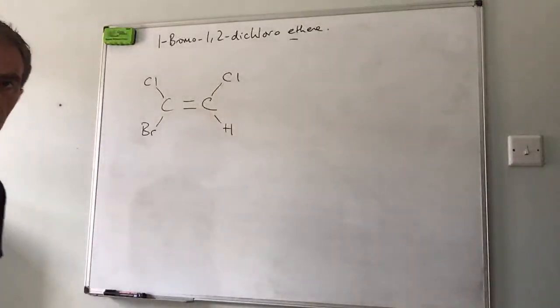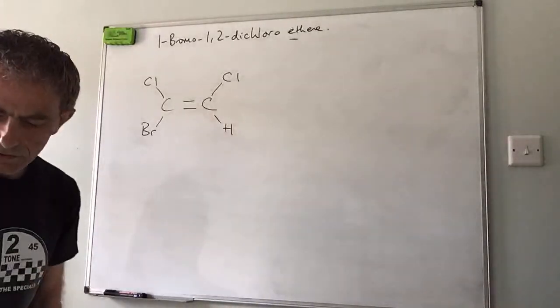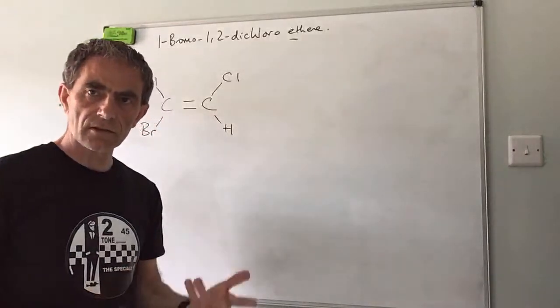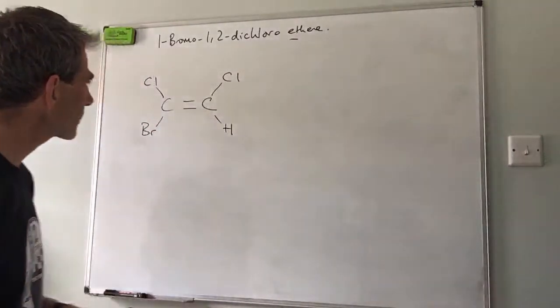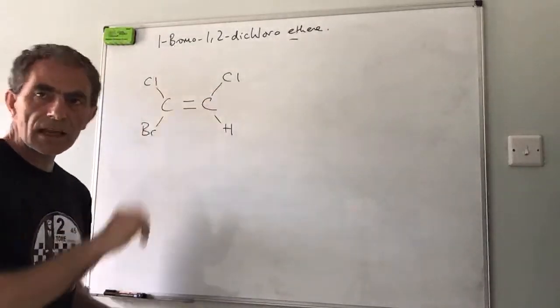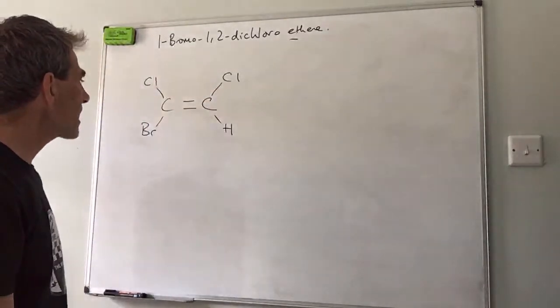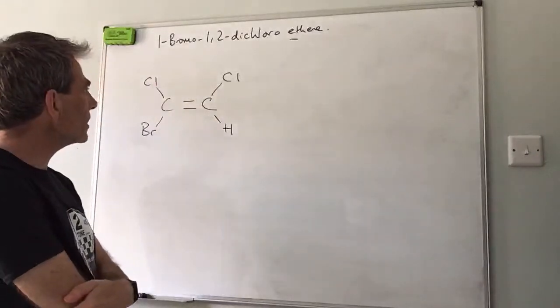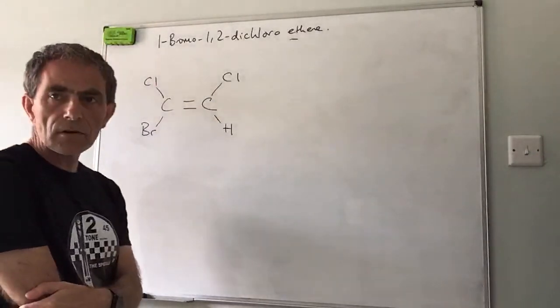Okay? Right. So let's do E/Z first. Let's make sure we know how E/Z works. So have I drawn the E isomer or the Z isomer? Okay, have I drawn E or have I drawn Z?